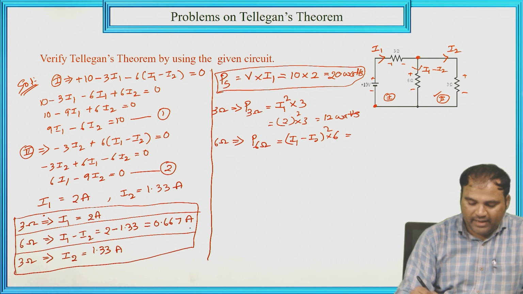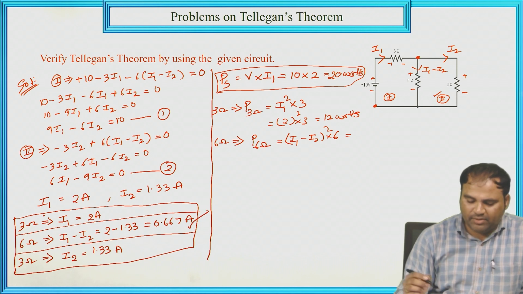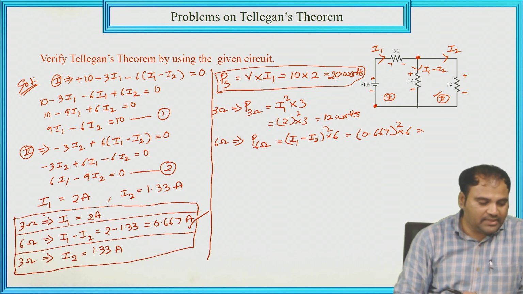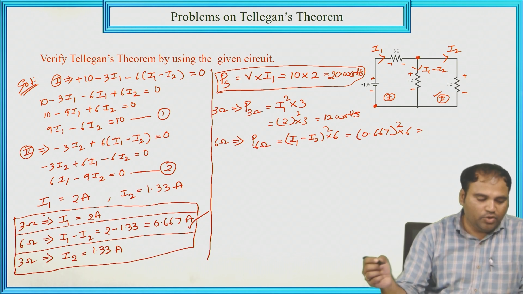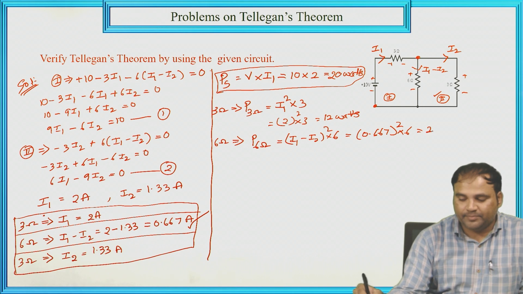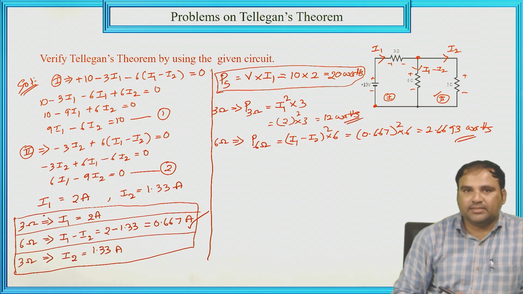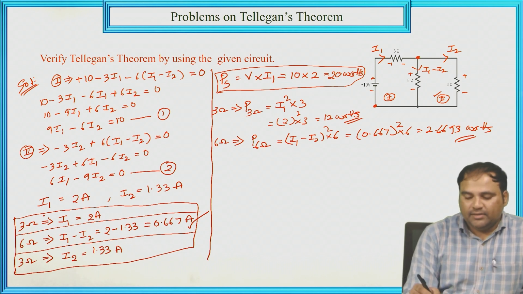We already calculated I1 minus I2 equal to 0.667. So 0.667 whole square into 6. By calculating this, we will get 2.6693 watts. Here 12 watts and here 2.6693 watts.